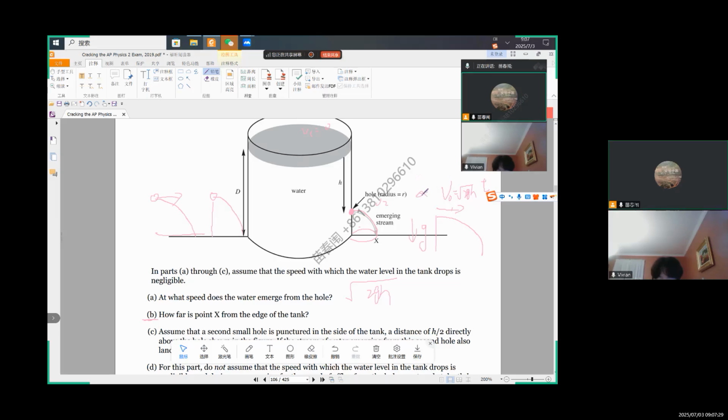So this is basically point X here. So what is the t now? The question is, what is the time? How long does it take?